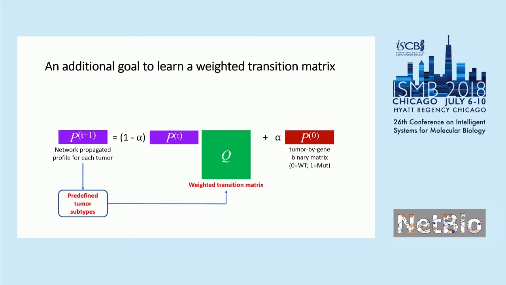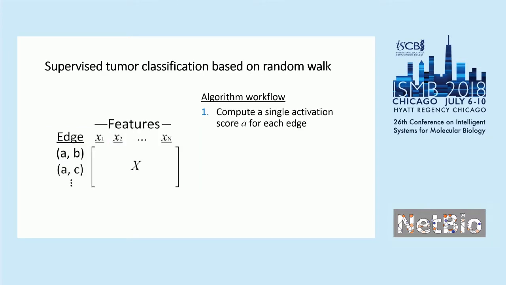Based on this model, we added an additional goal: to learn a weighted transition matrix such that at convergence, the network-propagated mutation profiles for each tumor better represent some predefined tumor subtypes. Below, I will introduce the workflow of our algorithm.